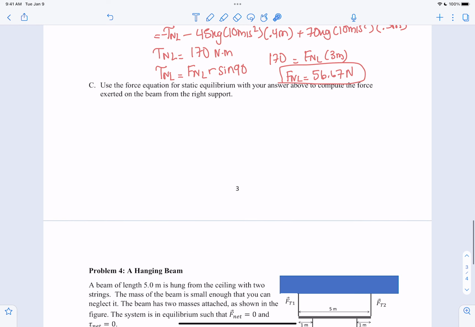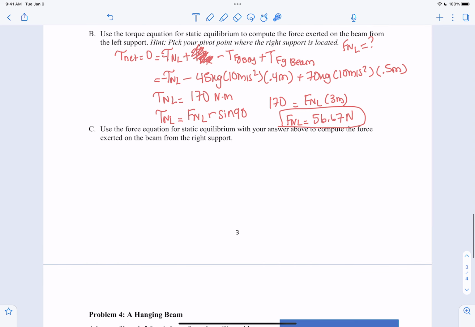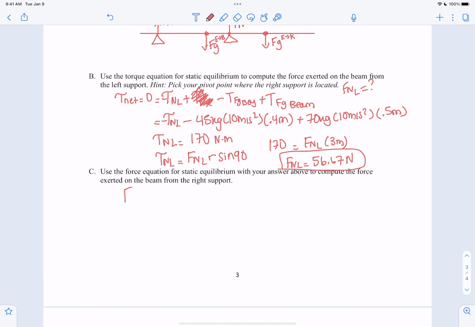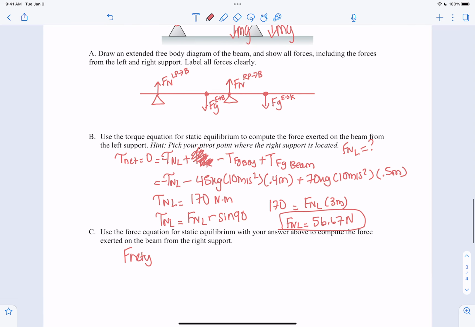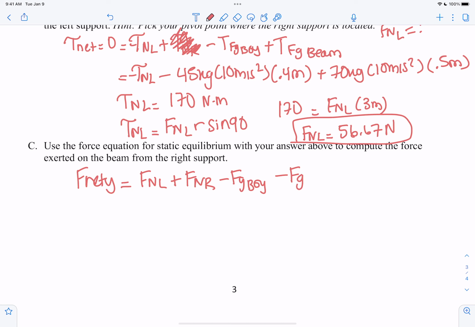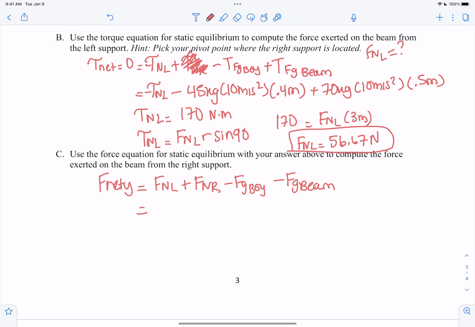For C, it says use the force equation for static equilibrium with your answer above to compute the force exerted on the beam from the right support. So if we have F net Y, then we have F normal from the left support plus from the right minus gravity of the buoy minus gravity of the beam. Right, and so we have this being 56.67 newtons. This is unknown.